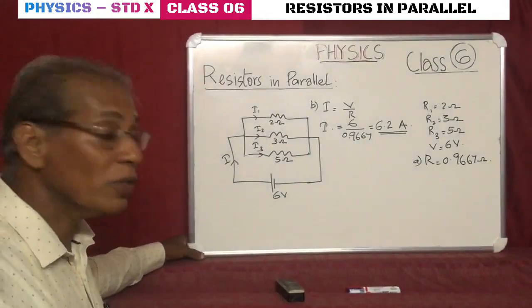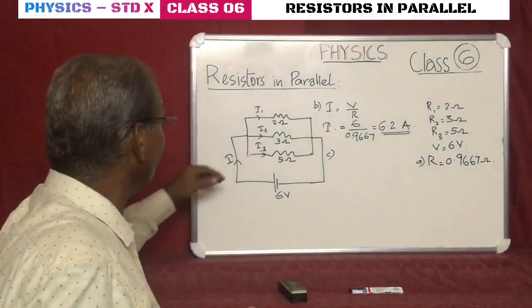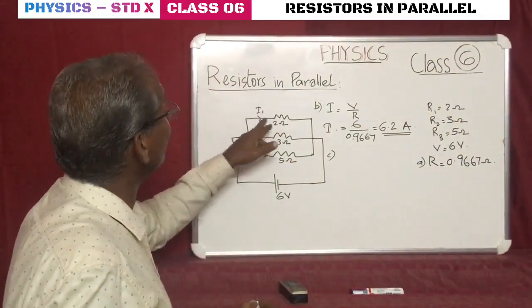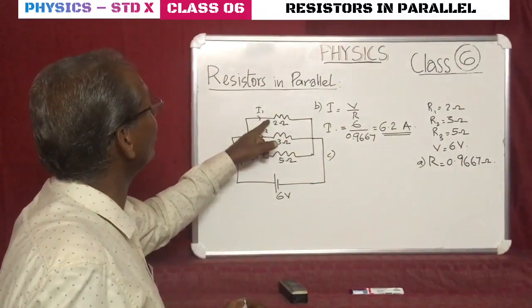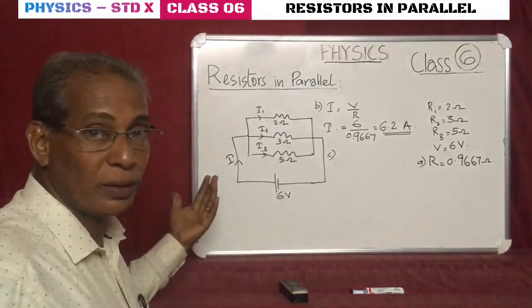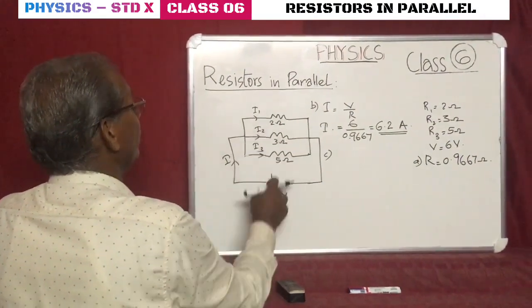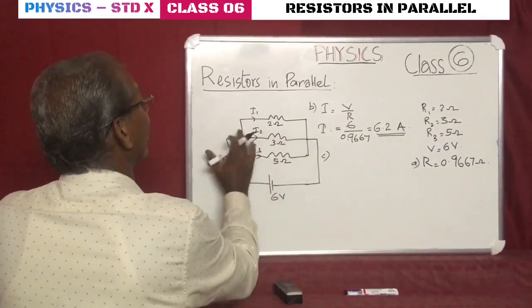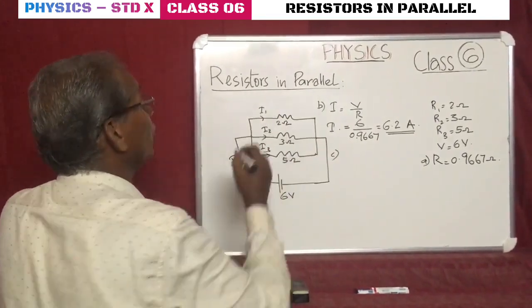Now comes C. The question is, calculate the current through each resistance. That is, for 2 ohms, how much current is flowing, and how can we calculate it? Now we know the voltage 6 is common to both ends. So the voltage is 6 volt and the resistance is 2 ohm.